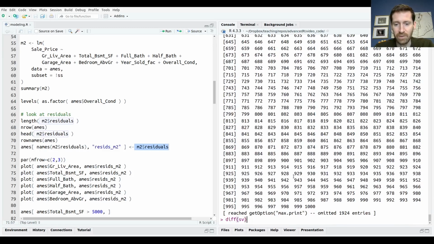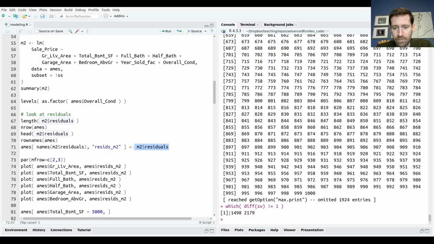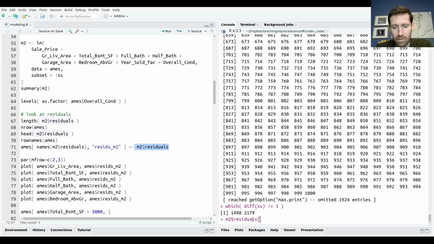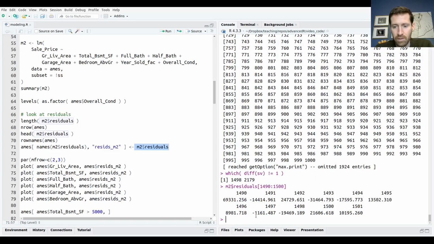I need to do not equals. Okay, there's two of them. 1496, 7, 8.